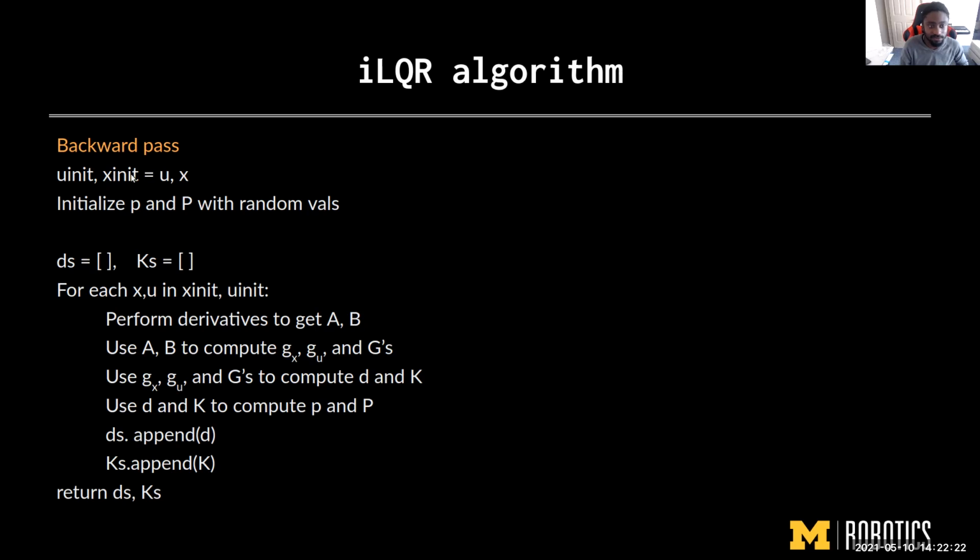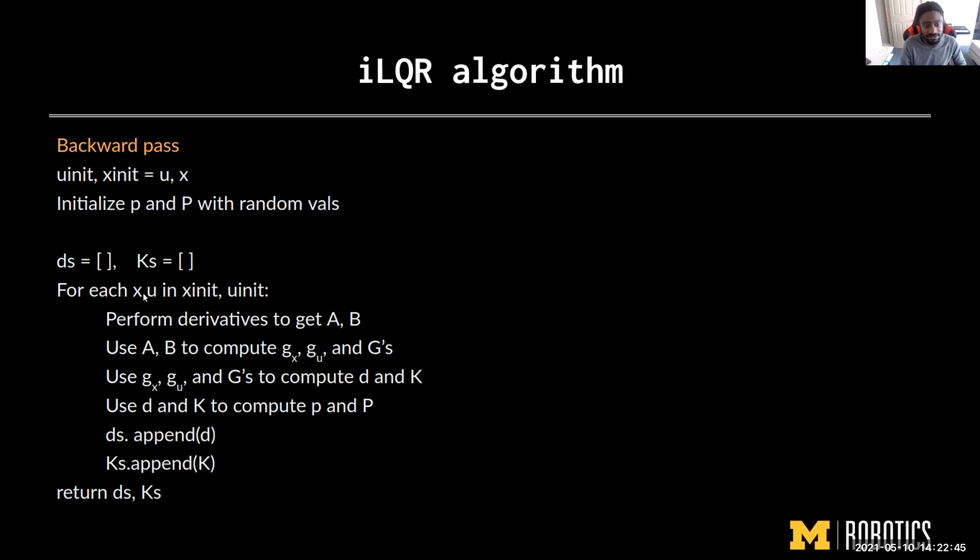With the backward pass, we first initialize u and x vectors, and then we initialize small p and big P to some random variables. We'll go into detail on what these variables are. And then we initialize some vectors, the d's and the k's, that's the gains.